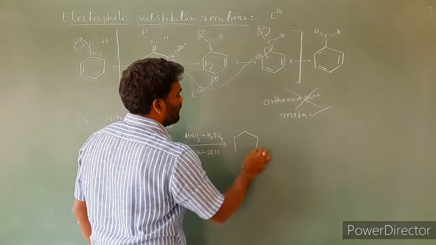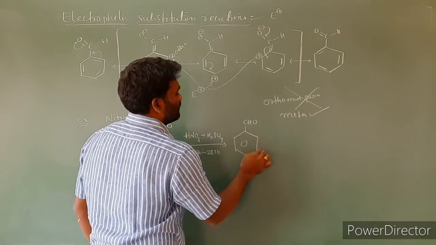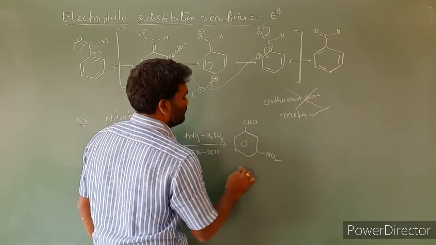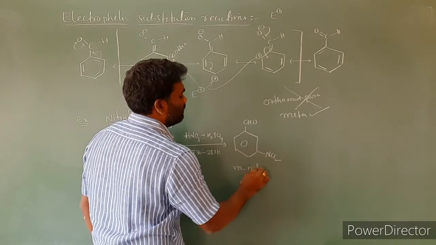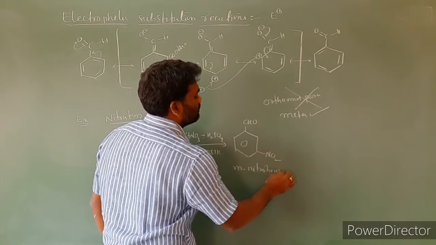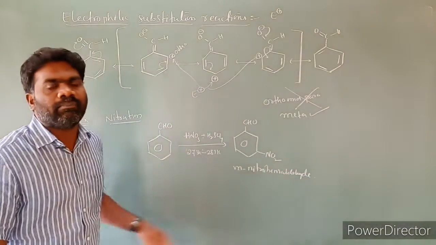Then the product we can expect from this reaction is CHO with NO2 at the meta position. The product is meta nitrobenzaldehyde.